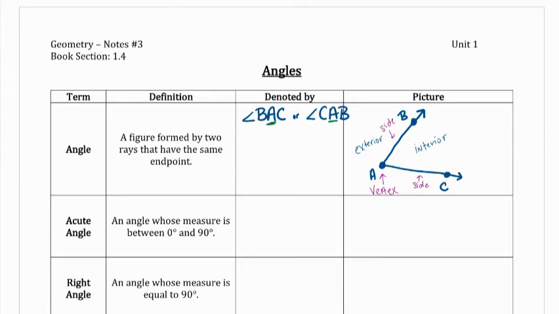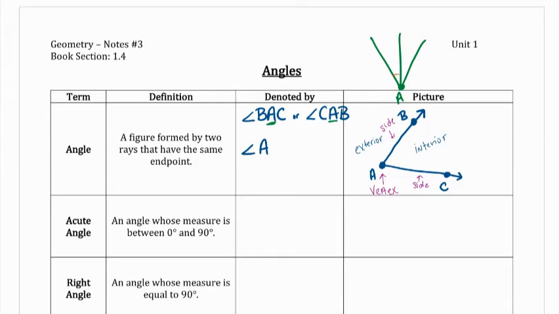Okay, another way that I can name this angle is I can actually just call this angle A. There's times where I can't use a single letter, and there's times where you can. If you had, for example, an angle like this, and that was point A, there's more than one angle in that picture.